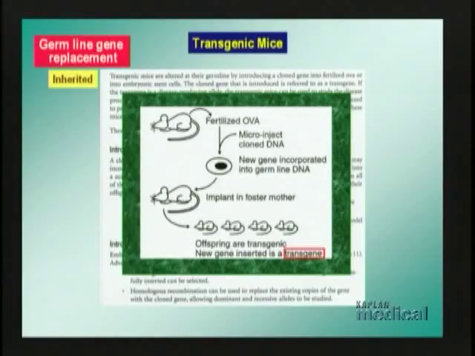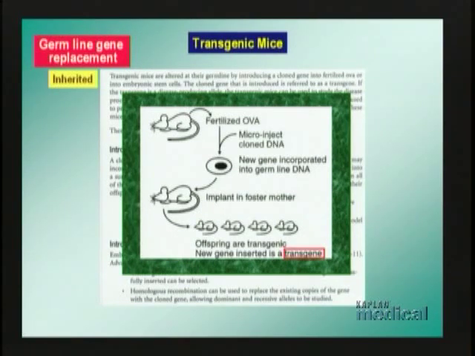One way this could be done would be to take the defective gene for the LDL receptor, clone it, and then insert it into ova, as you see over here, and then put the ova back into a mouse, and all of the progeny from that mouse would have a defective LDL receptor. The consequence is all of these progeny would have hypercholesterolemia, and you can test the effect of some sort of statin drug that way. So this is a generation of models for human diseases.